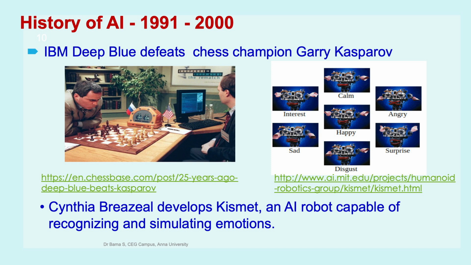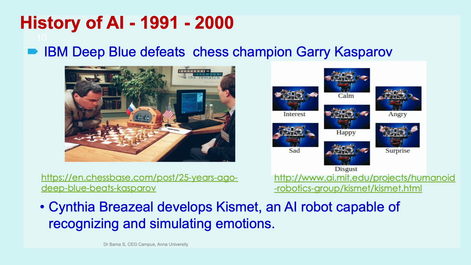And another main incident is that MIT, Brazil develops Kismet, an AI robot which is capable of responding through emotions. And on the right side, you can see the picture of robots with different emotions. You could identify that as calm, on the right side an angry robot, a surprised robot, a disgust robot, a sad robot, and an interested robot.